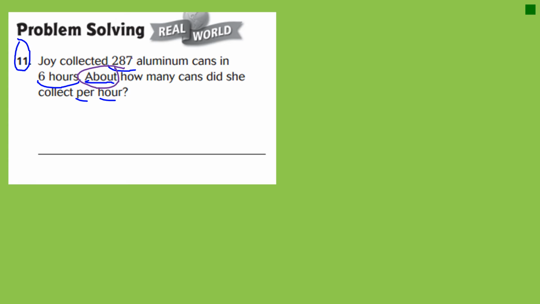So let's see. Well, we can start with 10 just to check it. We know 10 sets of 6, of course, is 60. Are we close? Not really. Let's try 20. 20 sets of 6. 2 times 6 is 12. Add that 0 on, 120. What do you think?